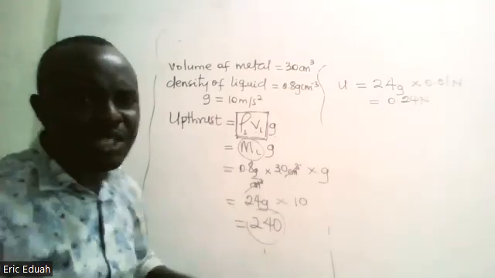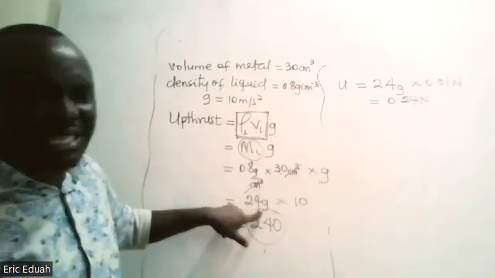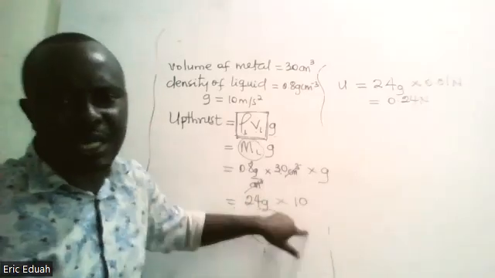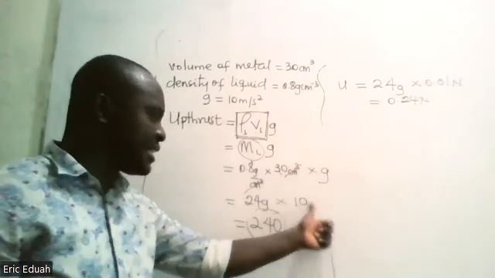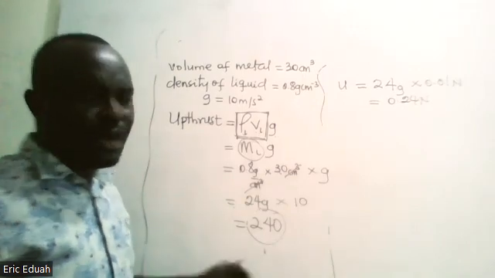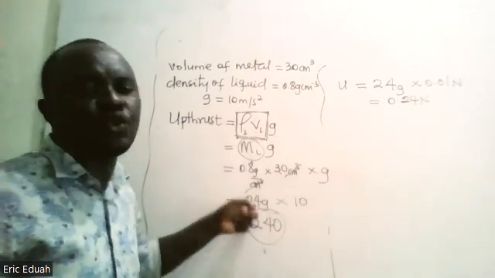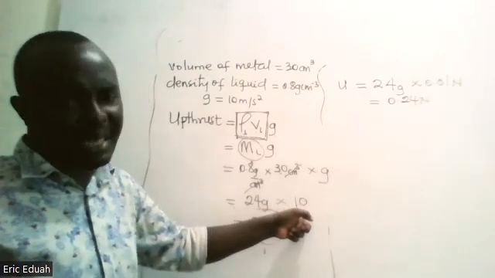Once it's in gram, it is not in SI unit. So you have SI unit and non-SI unit, and when you multiply something like this, it is wrong. You have to convert everything into SI units. That is why we are converting 24 gram into kilogram before we could multiply by 10.